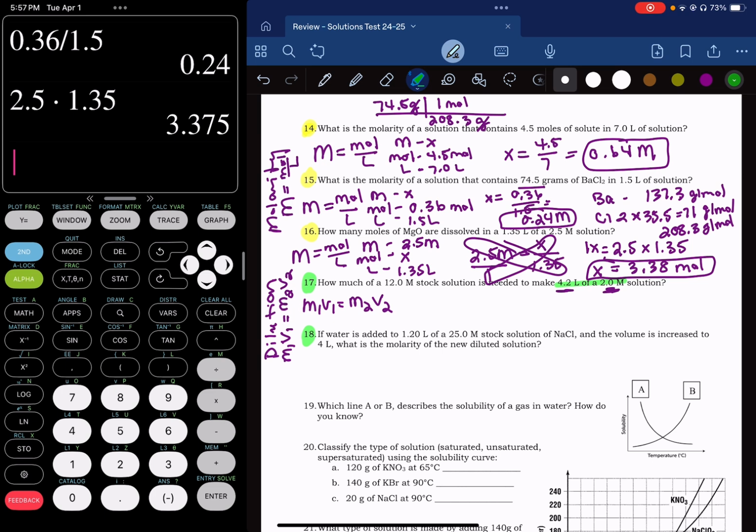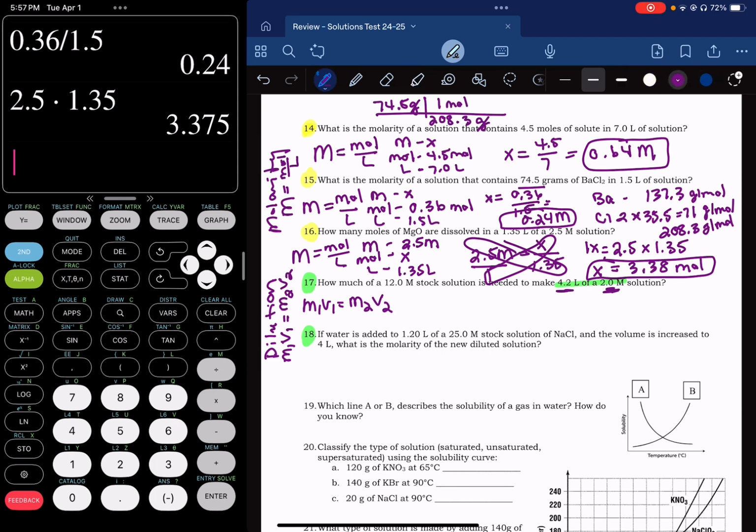So here I have these 2 numbers close together over here. So I'm going to read my problem and double check and make sure that they actually do belong to the same solution. And it looks like they do. It says how much of a 12 molar stock solution is needed to make this much, 4.2 liters of a 2 molar solution. So we're talking about the same solution over here.